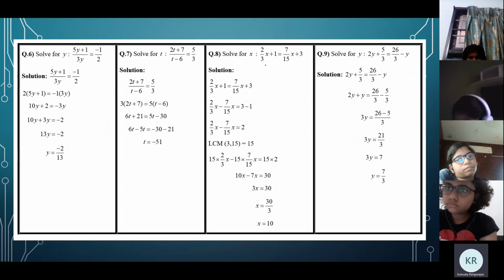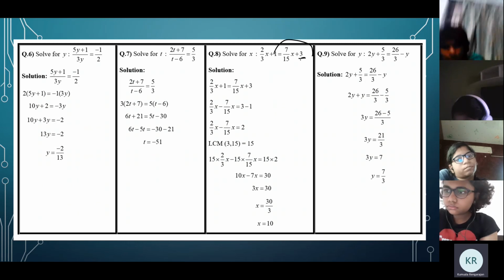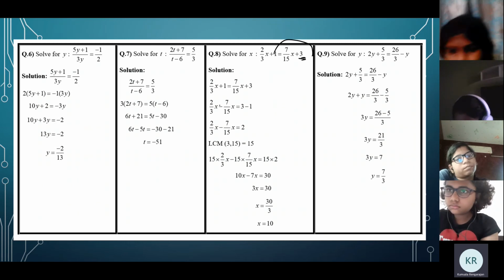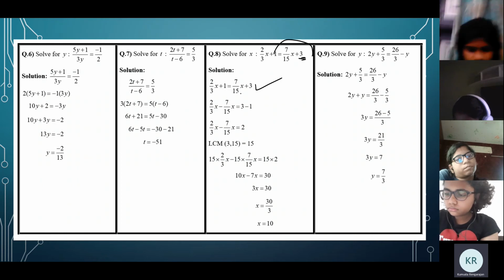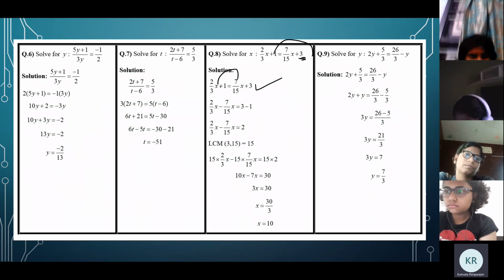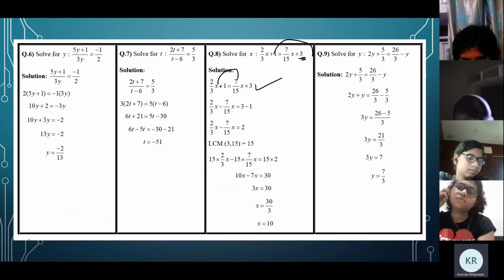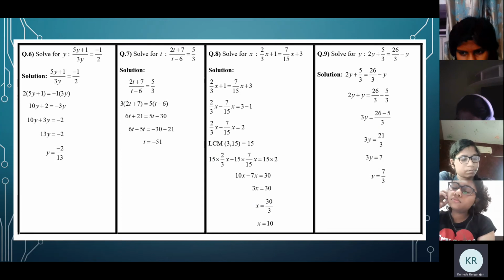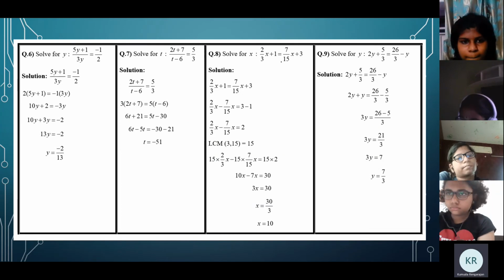Now, for a change, what I've done here is I've gathered the numbers 3 and 1 on one side and simplified. See here, this is the given equation. I transpose this one, so it will come to the other side as minus 7 by 15x and plus 1. First you plan what you're doing. The plan is to bring this x term to the left hand side and this number to the right hand side.